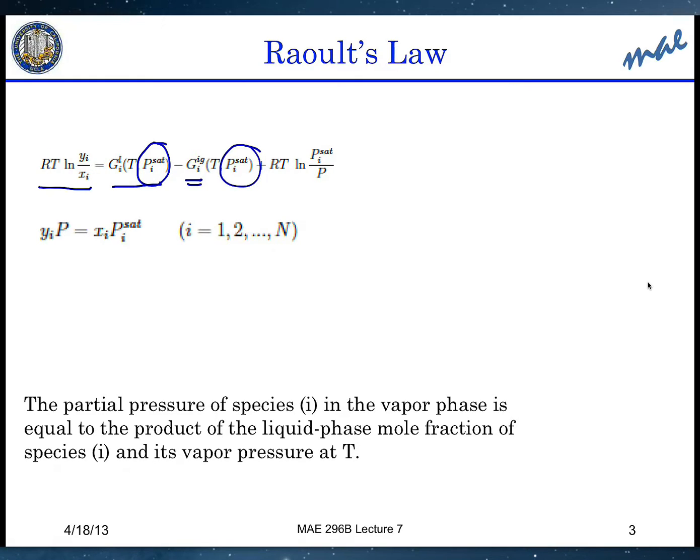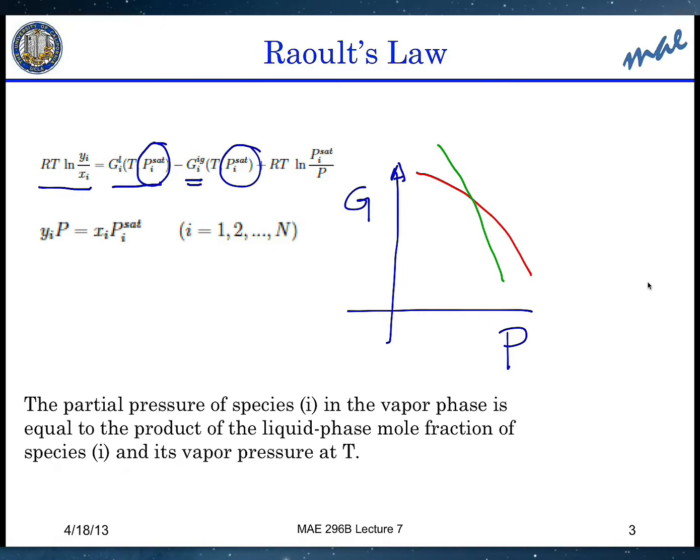And what we know from before in equilibrium, we notice that if we plot G versus, say, the pressure at constant temperature, and you get a transition, say the green will be for the liquid phase, and the red would be for the vapor phase.